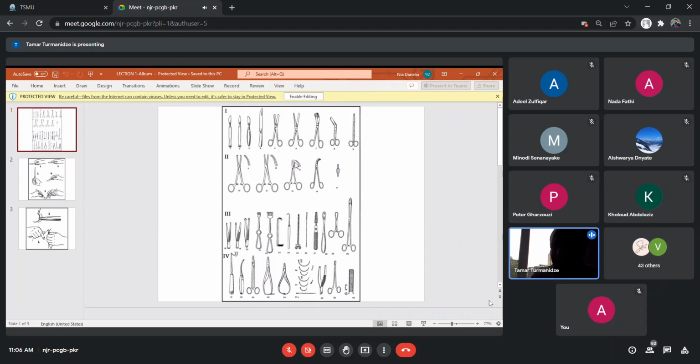But except for the instrument to stop bleeding from a vessel, we have different methods of stopping bleeding. It depends on the caliber of the vessel that is bleeding. We know that vessels may be of different calibers. We have small vessels, and we have big caliber vessels.